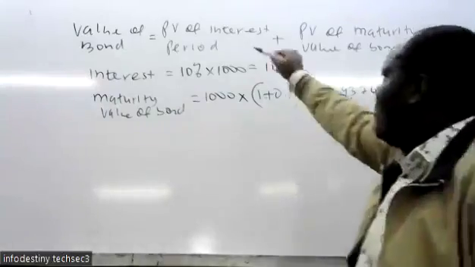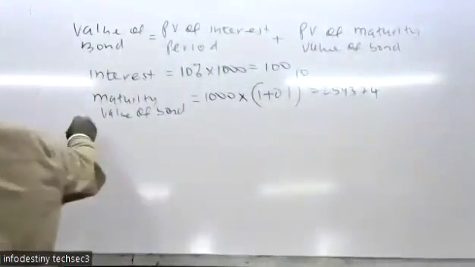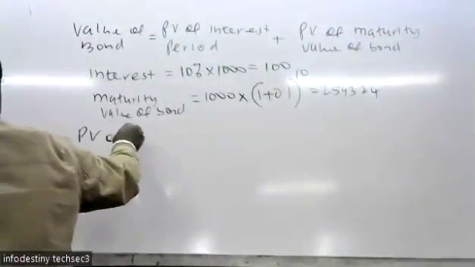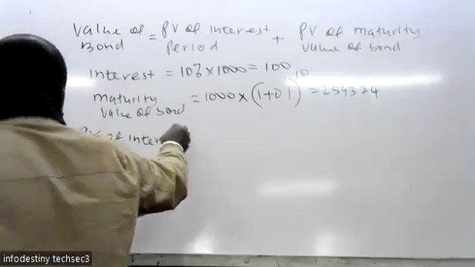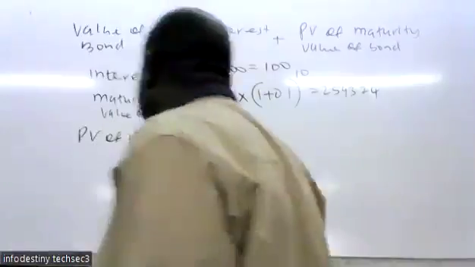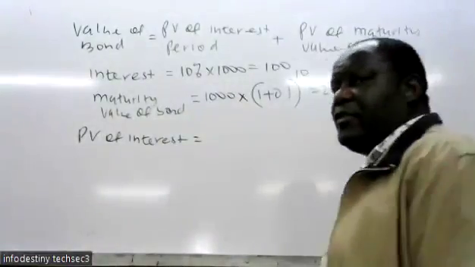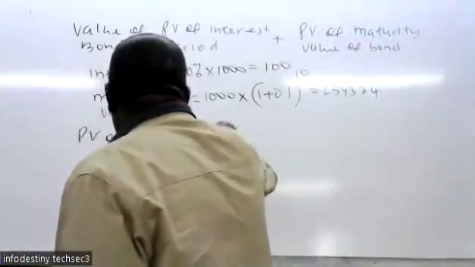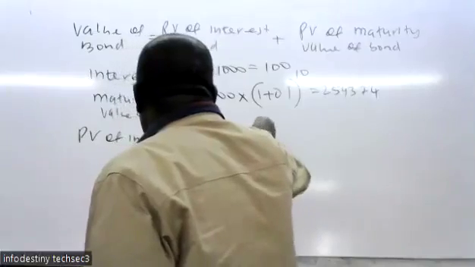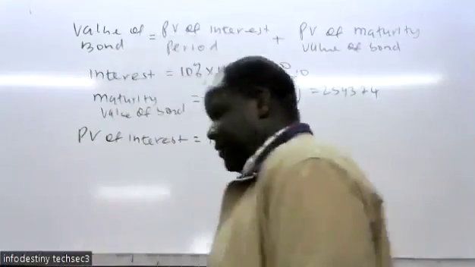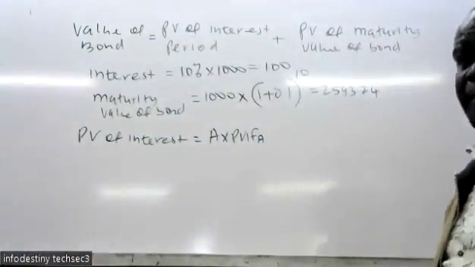So now we compute the present value of the interest. It is simply the annuity multiplied by the present value interest factor for the annuity.